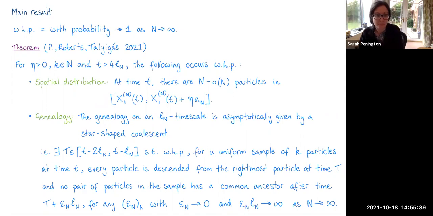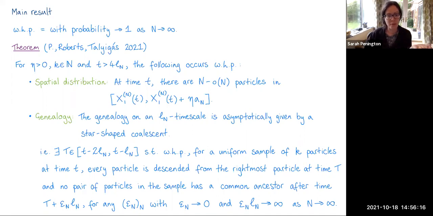More precisely, there's a random time capital T that's between little t minus 2 l_n and t minus l_n, such that if you take a uniform sample of size k from the population at time t, then with high probability every particle in the sample is descended from a single particle at time capital T, which is actually the rightmost particle in the population at time capital T.